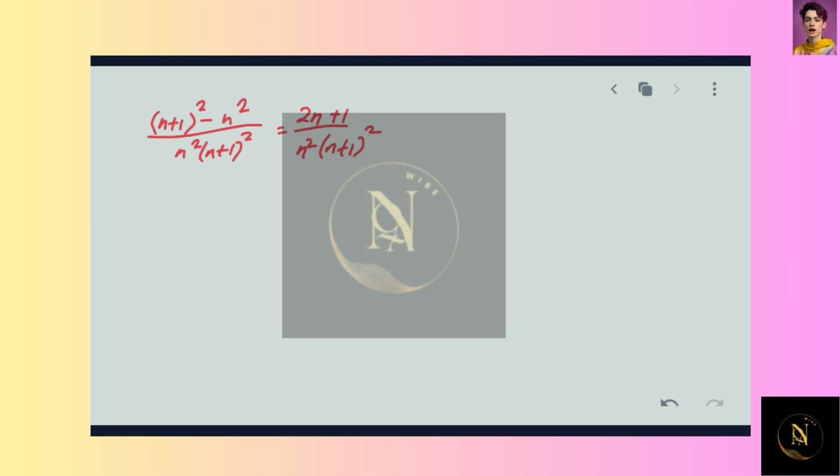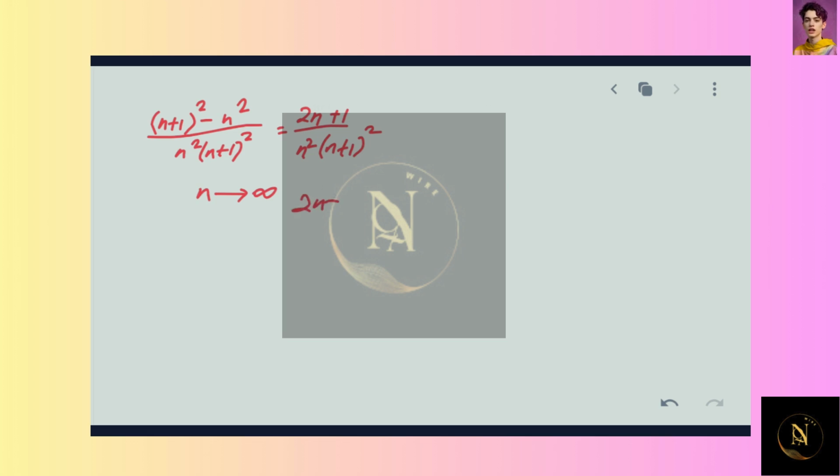Now comes the crucial part. The crucial part is when we have n going to a very, very large number, n goes to infinity. What happens to this fraction?